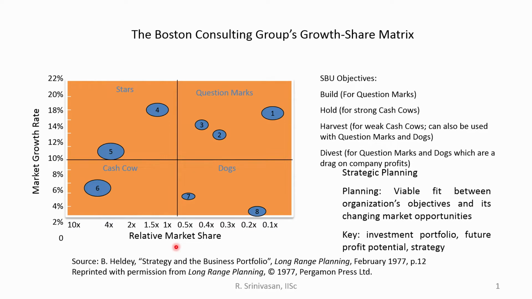As you could see here, a small brief about this BCG matrix. It was developed by the Boston Consulting Group company, a well known consulting firm, and it was first published in the Journal of Long Range Planning in the year 1977.